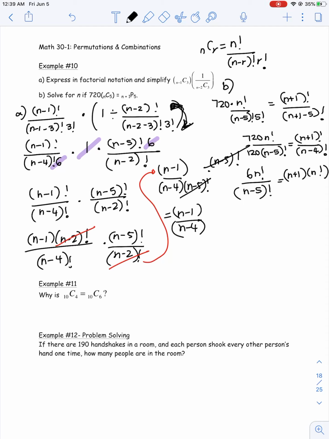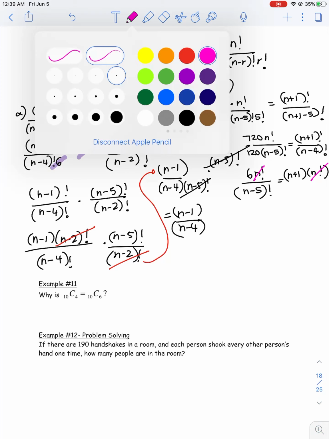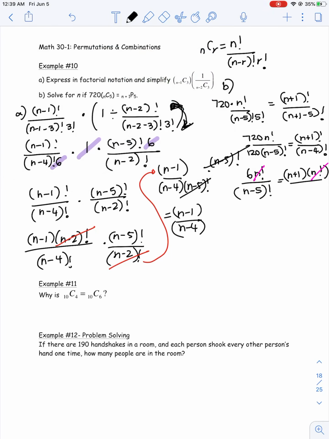So I'll stop there because then you'll notice that there's the exact same factors on the left and right side in the numerator, so those can actually cross each other off. And at the bottom, we have n minus 4 factorial. So now on the left, we have 6 over n minus 5 factorial.